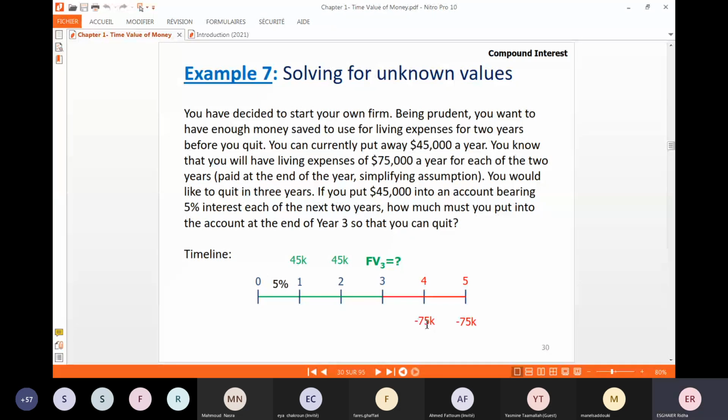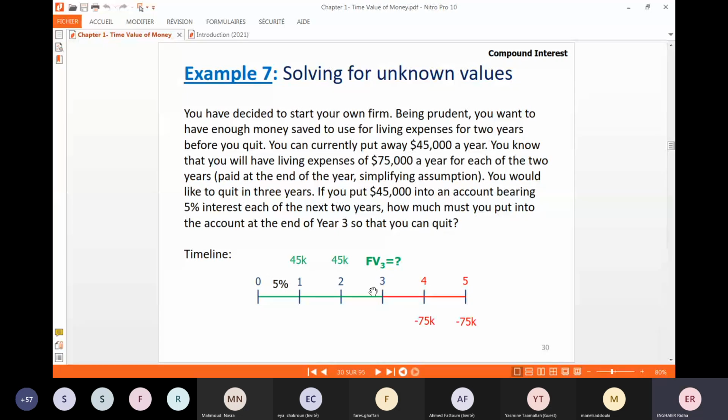So to be able to quit, what you will save during these 3 years must cover the expenses of these 2 years.